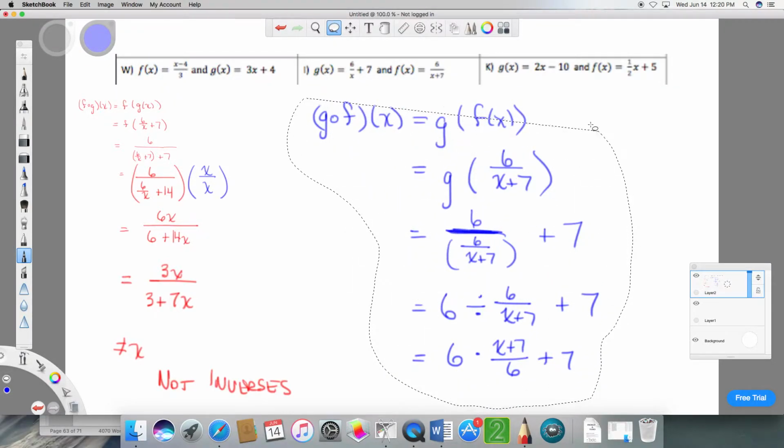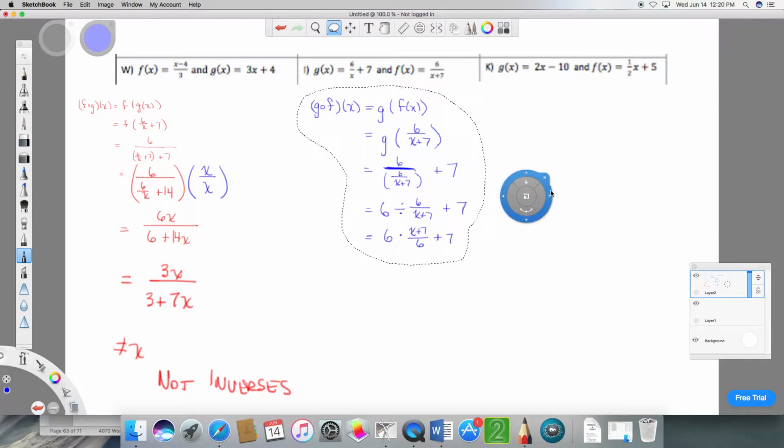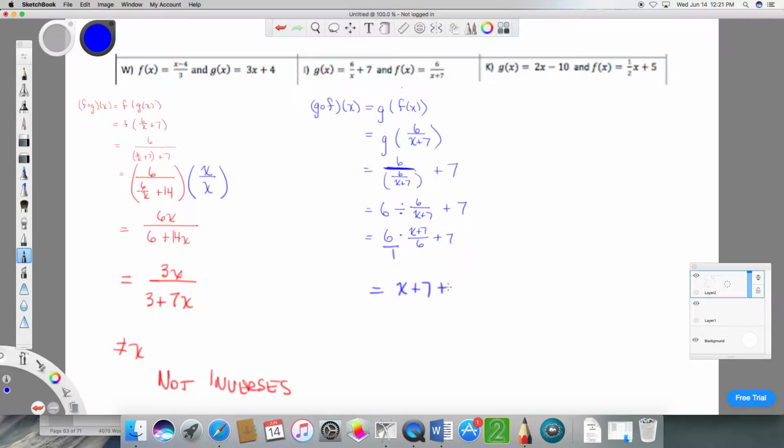This 6 that's in the front there can be thought of as 6 over 1. So when you multiply these together, this 6 divided by 6 just gives you 1. And that first term there, we get x plus 7. And then if we add another 7, we have x plus 14. That's not equal to x. And we know that these are not inverses.